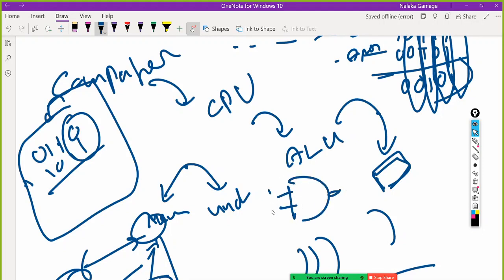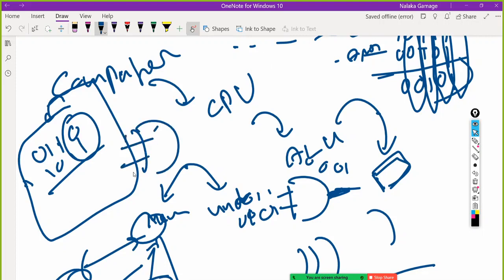And we say that when both are 1 it is 1, when this is 1 and this is 0 it is 0, when this is 0 and this is 1 it is 0, when both are 0 it is 0. But if it is an OR gate, when both are 1 it is 1, when one is 1 and the other is 0, still 1, 0 and 1 it is 1, when both are 0 only then 0.